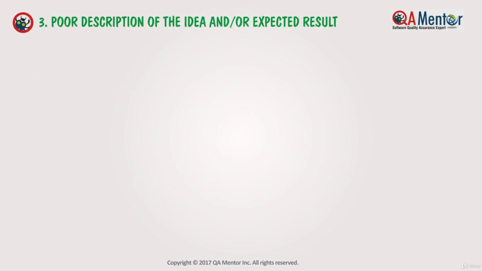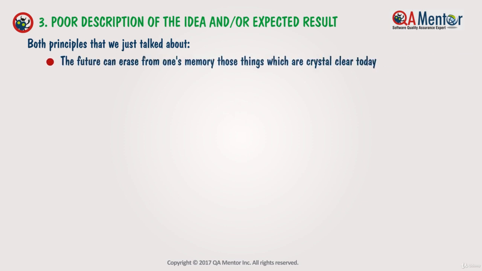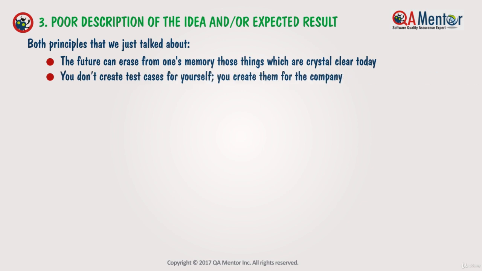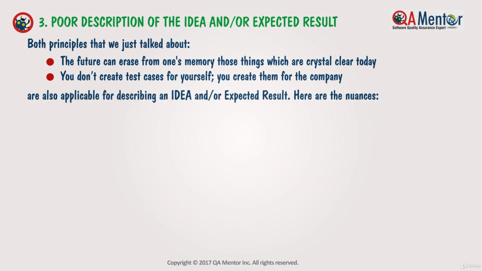Poor description of the idea and/or expected result. Both principles that we just talked about, the future can erase from one's memory those things which are crystal clear today, and you don't create test cases for yourself, you create them for the company, are also applicable for describing an idea and/or expected result.